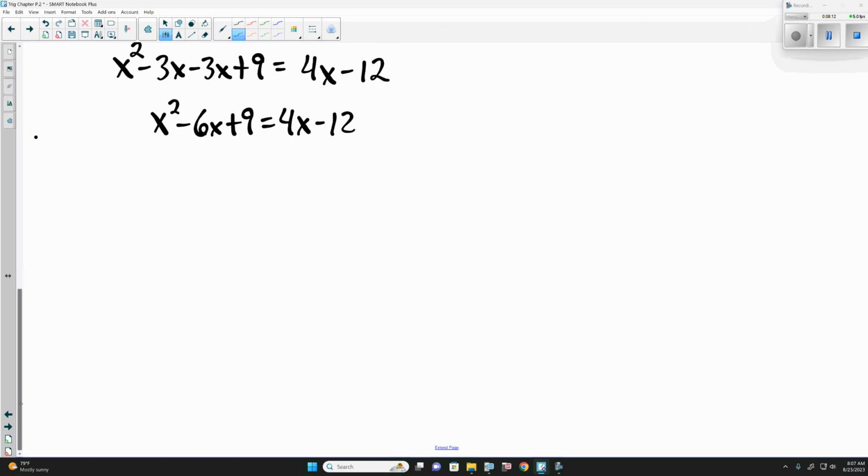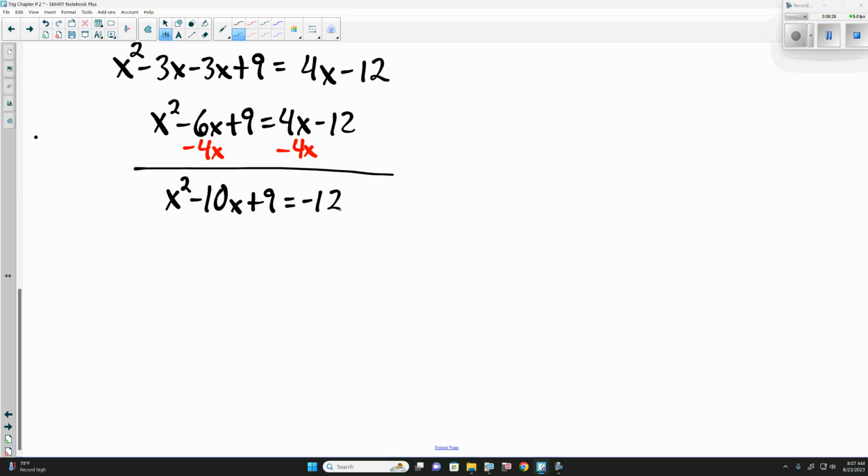The next thing we can do is get this equal to 0 so we can solve. We can minus 4x from both sides, telling us that we have x squared minus 10x plus 9 is equal to negative 12.